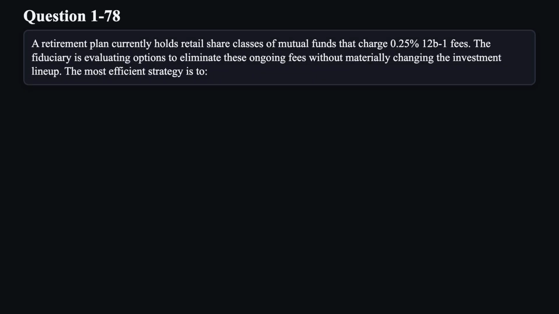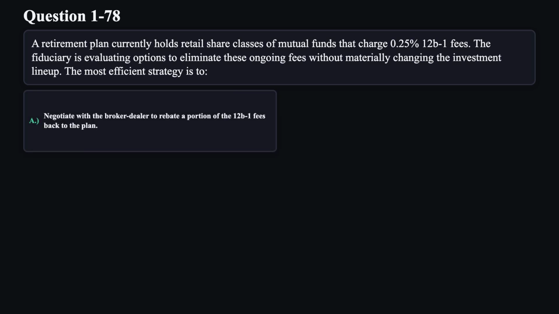Question 78. A retirement plan currently holds retail share classes of mutual funds that charge 0.25% 12b-1 fees. The fiduciary is evaluating options to eliminate these ongoing fees without materially changing the investment lineup. The most efficient strategy is to: A. Negotiate with the broker-dealer to rebate a portion of the 12b-1 fees back to the plan.